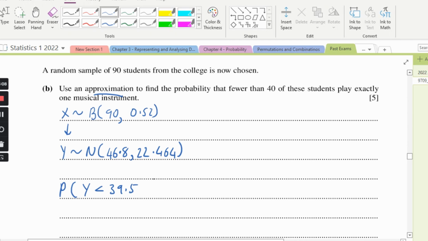All right. Okay. Now, what we're going to do next is find a z value for 39.5. So z equals 39.5, take away our mean, which is 46.8, divided by our standard deviation, which is the square root of 22.464.